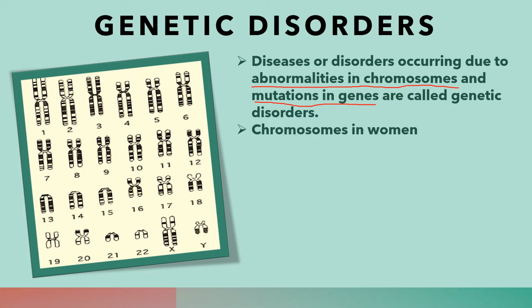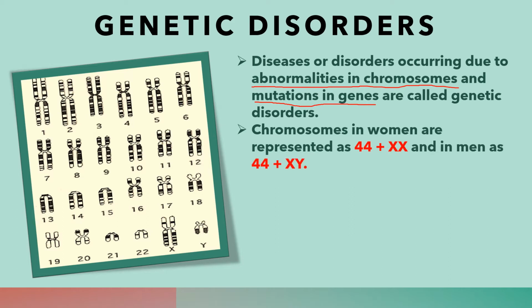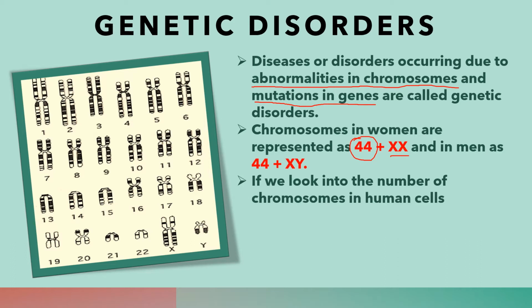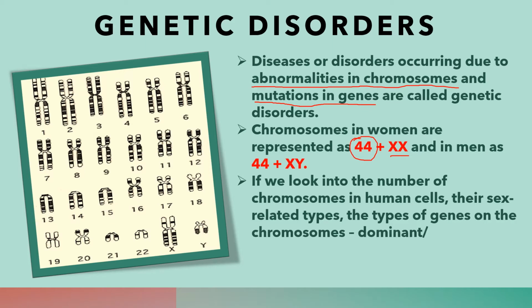Chromosomes in women are 44 plus XX, and in men they are 44 plus XY. 44 normal chromosomes and 2 sex chromosomes. If we look into the number of chromosomes in human cells, there are sex-related types, the types of genes on the chromosomes that are dominant and recessive.